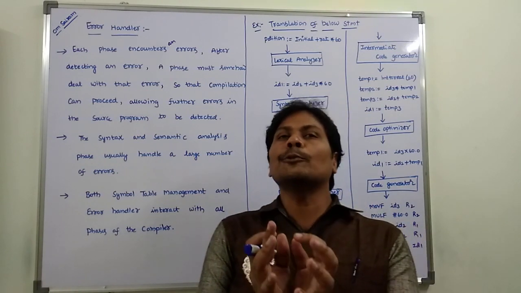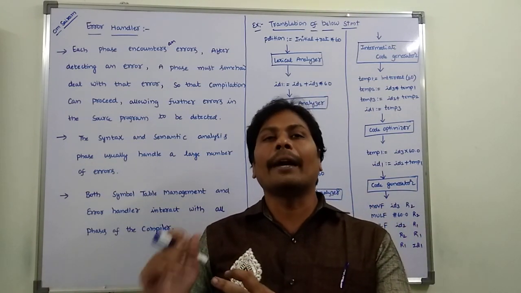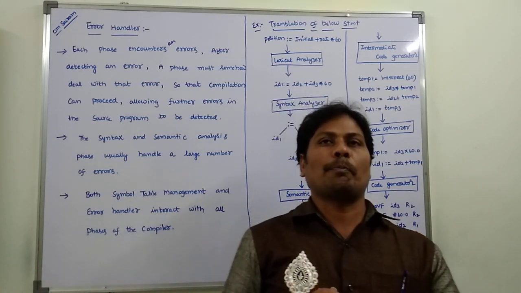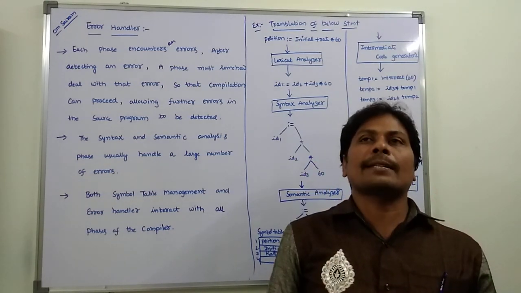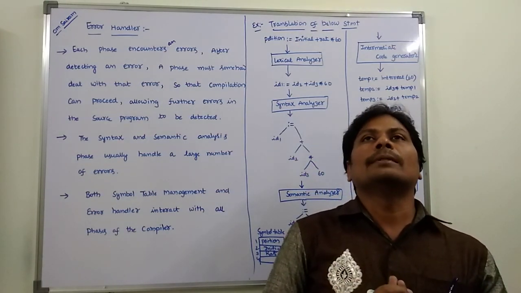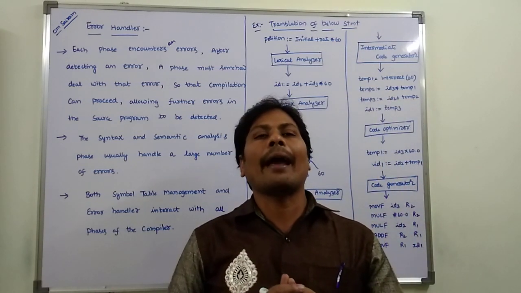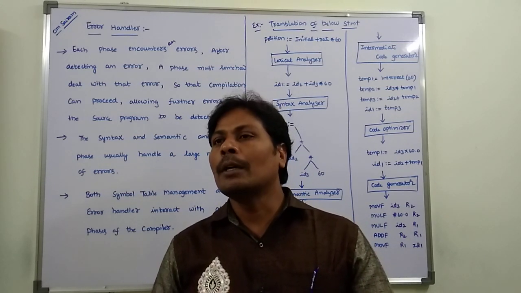Okay, these two phases can handle more errors that occur in these phases. So now the 6 phases are completed. Next, symbol table management and error handler are also discussed in this video.